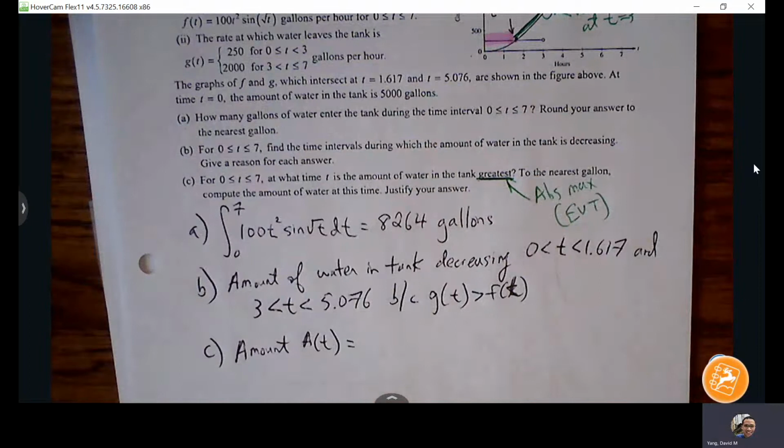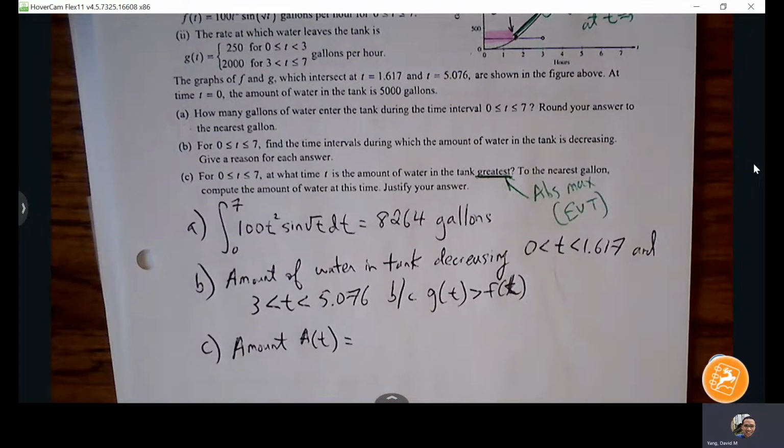So just like from the previous problem, there's 3 pieces of information we got to keep track of, right?